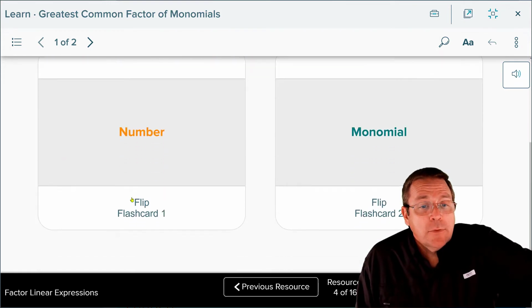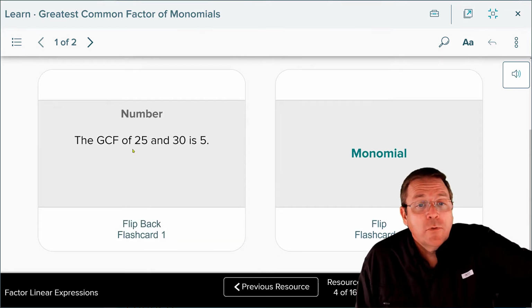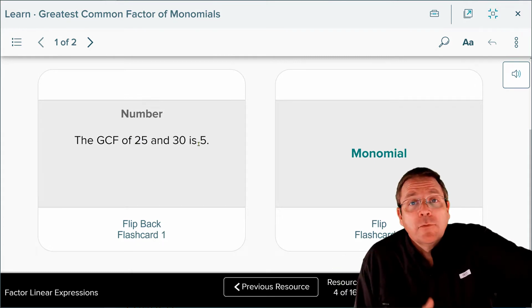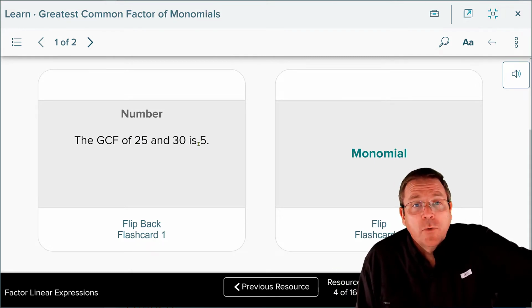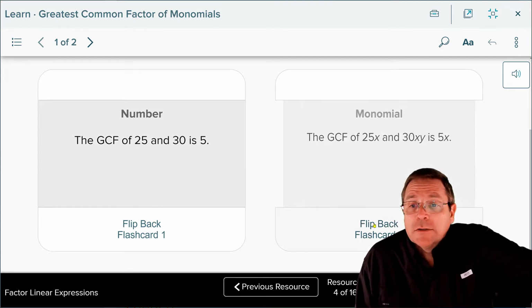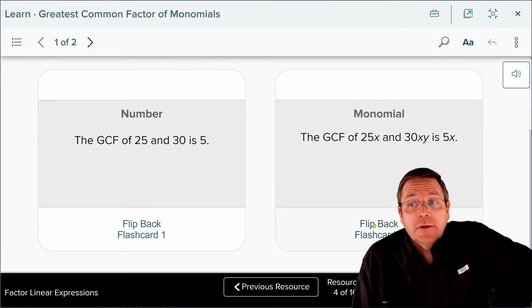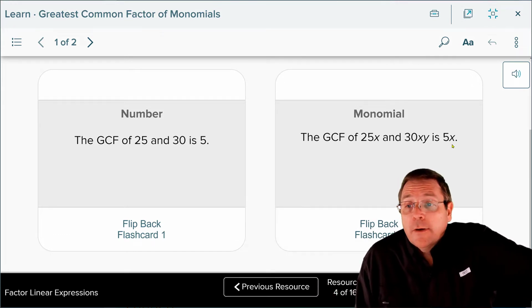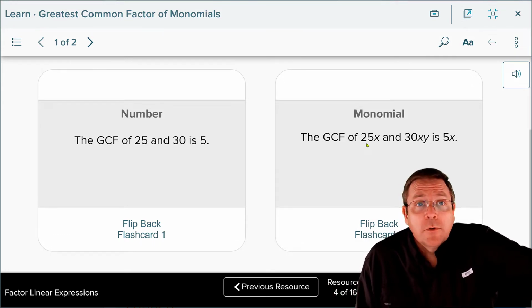Looking at this with numbers, the greatest common factor of 25 and 30 is going to be 5, because 5 is the largest number that will divide into both 25 and 30. The greatest common factor of 25x and 30xy is 5x, because 5x is the largest monomial that divides into both 25x and 30xy.